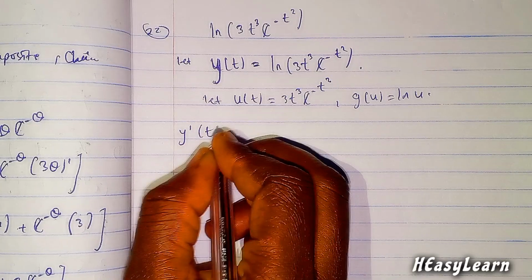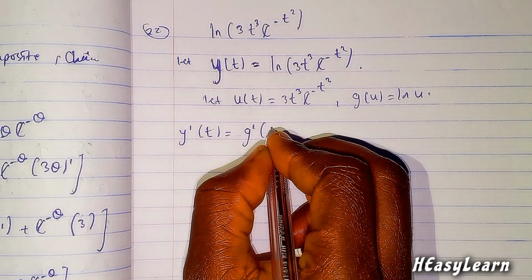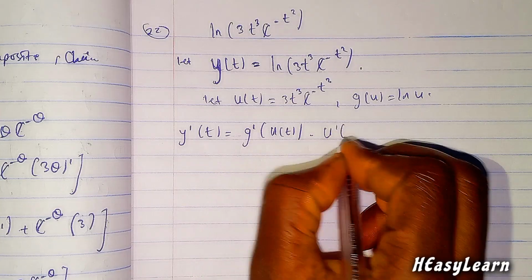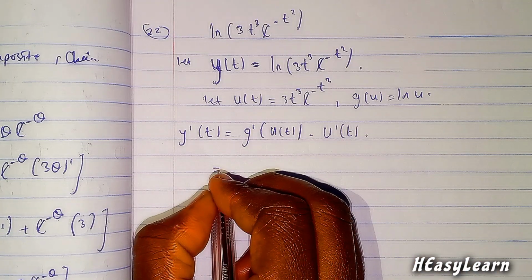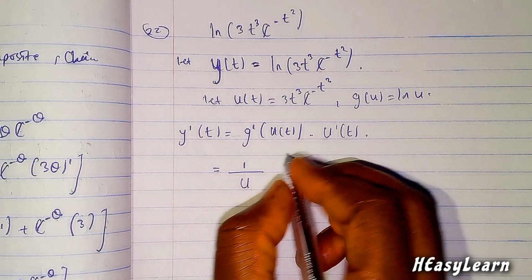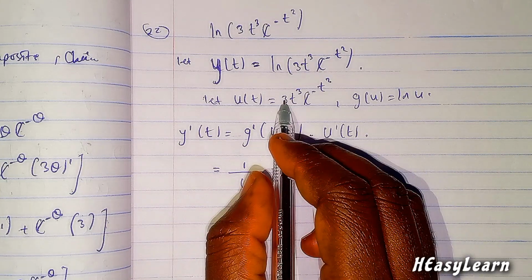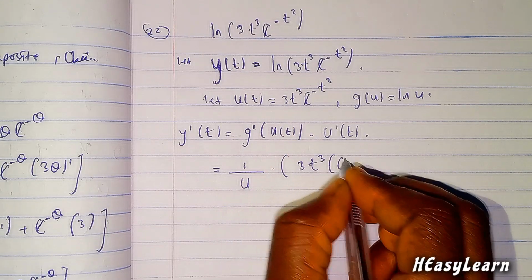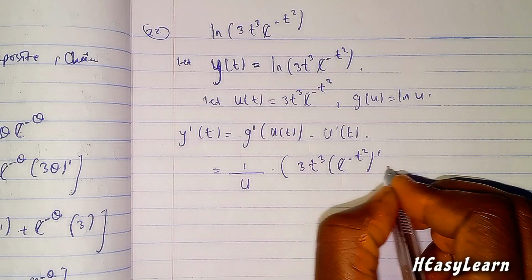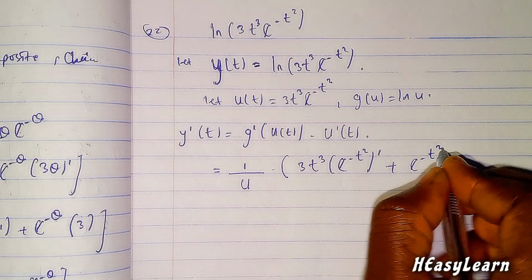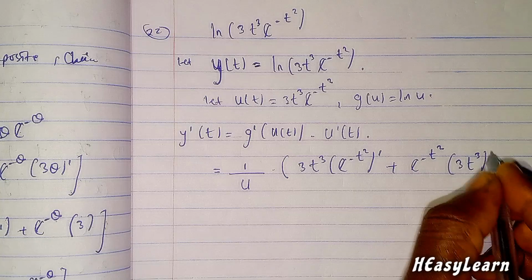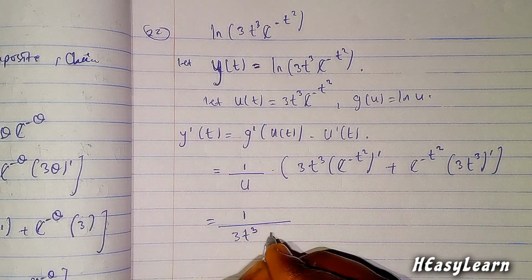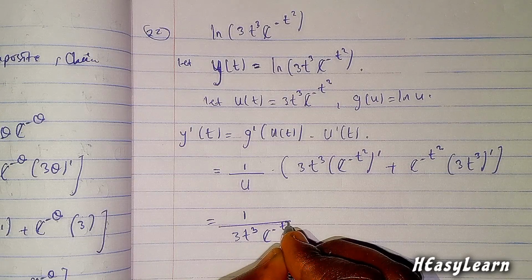To find the derivative of this function, differentiate g, plug in u of t, and multiply by the derivative of u. This is equal to 1 over u multiplied by u prime, where u is a product of two functions. Keep the first function, differentiate the second function, plus keep the second function, differentiate the first function. What is u? u is 3t^3 e^(-t^2).